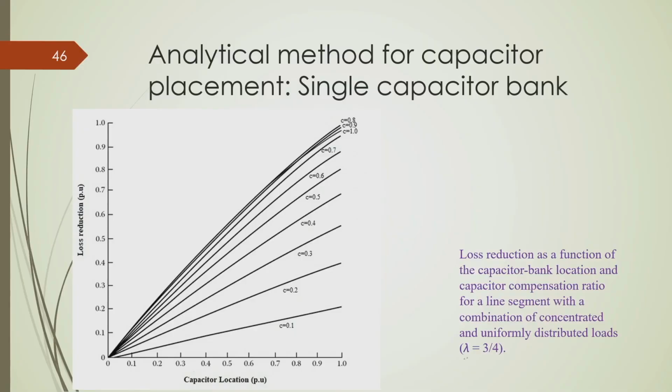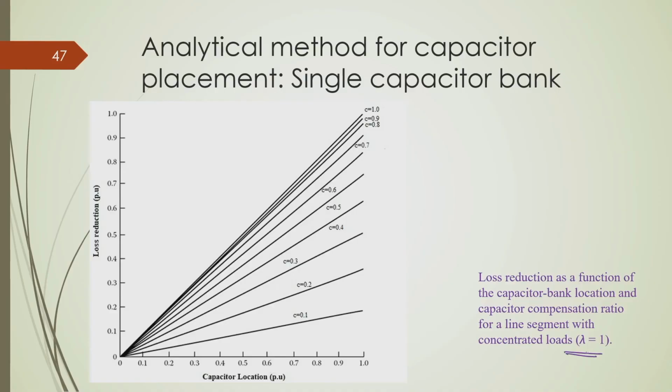Then lambda is equal to 3 by 4, you can see almost linear characteristics, and the highest value of loss reduction will take place if you put this capacitor at the end of the feeder. Again, lambda is equal to 1 corresponds to this lumped load, that means the current characteristics will be flat.